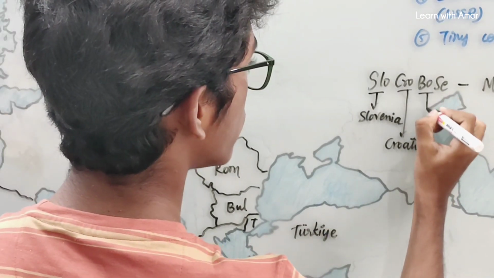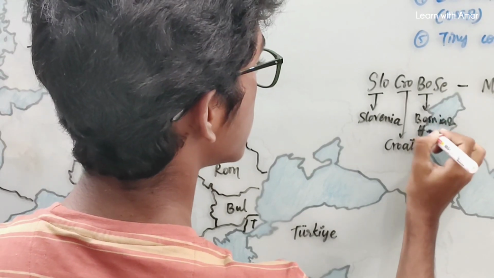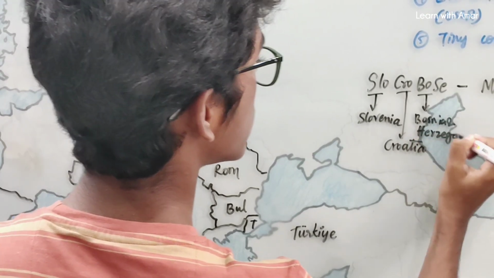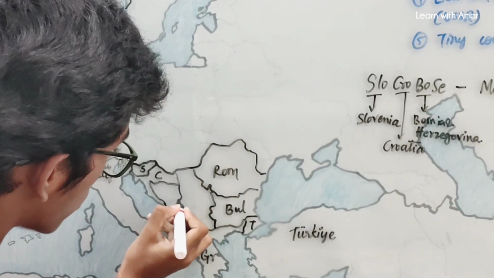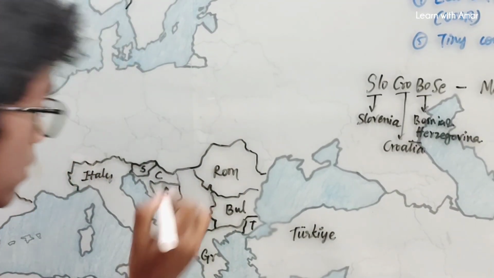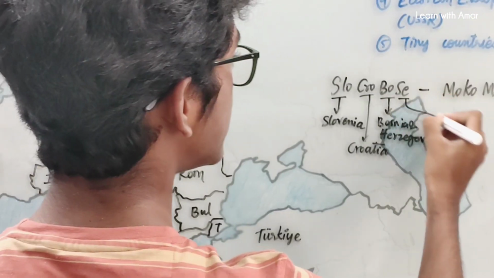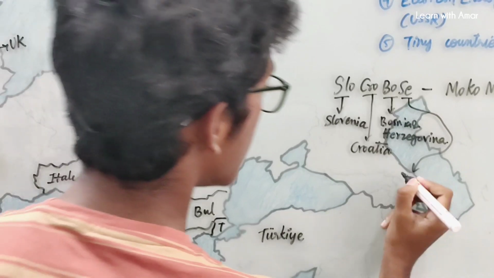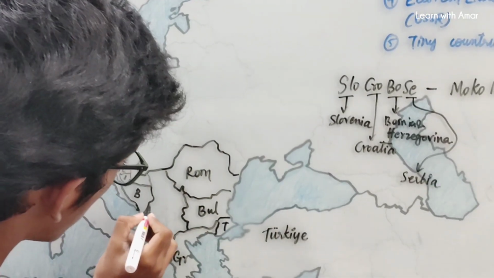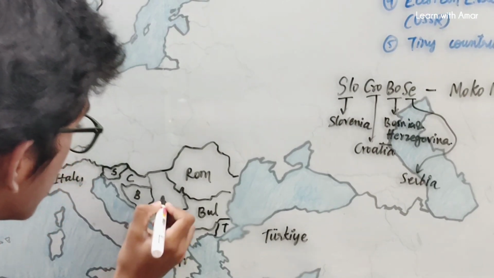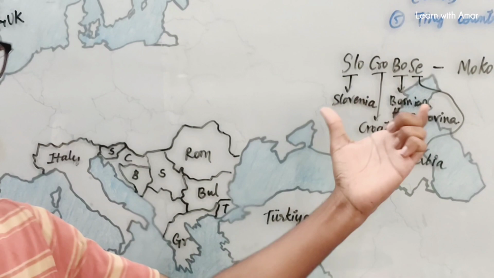Next, Bo for Bosnia and Herzegovina, just below Croatia, this one, right? The next one, Se, which is a large country and also important, Serbia. This one over here, this is Serbia. Alright, so we have completed the first part of the phrase.